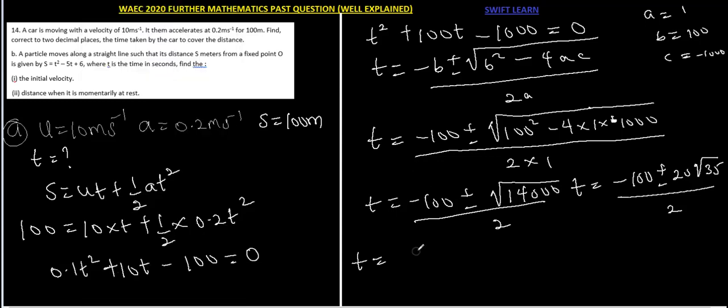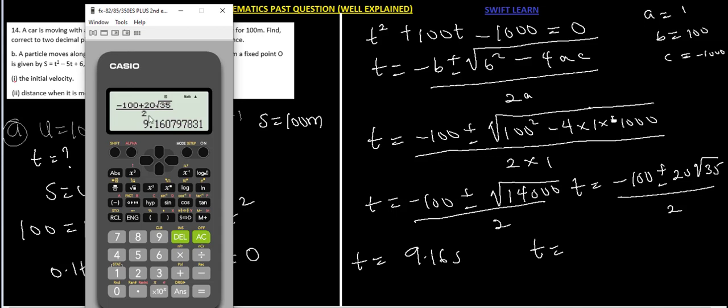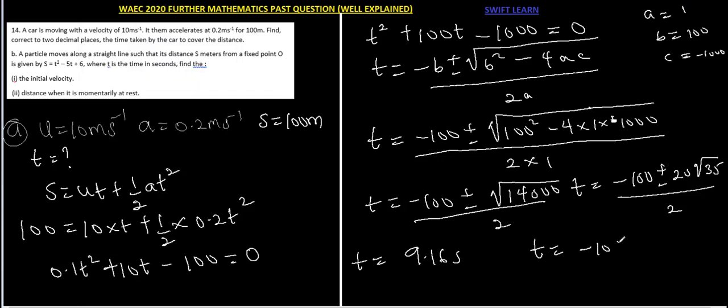Okay, 9.16 seconds. And the second t is minus 109 and so on. Normally our t cannot be negative, so time will surely be 9.16 seconds. So let's move on to question 14b.